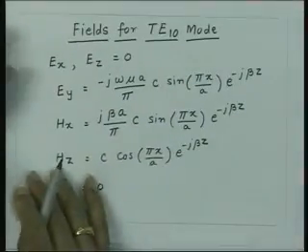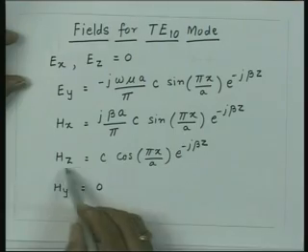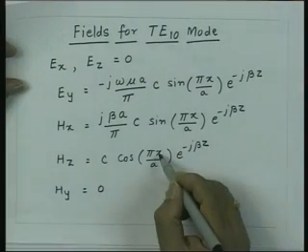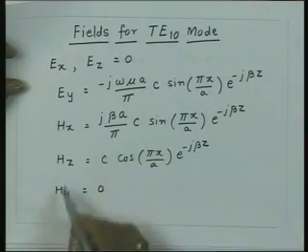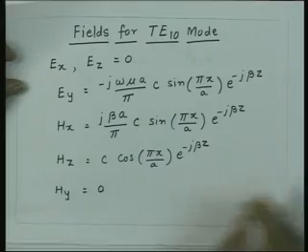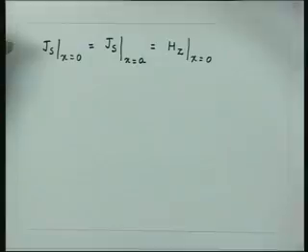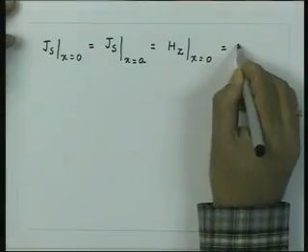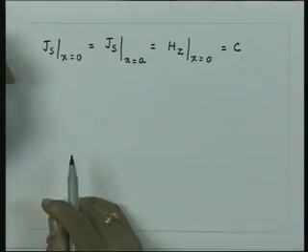So if I take this component and if I put x equal to 0 or x equal to a, essentially this quantity will be equal to c. So that is equal to the amplitude c.